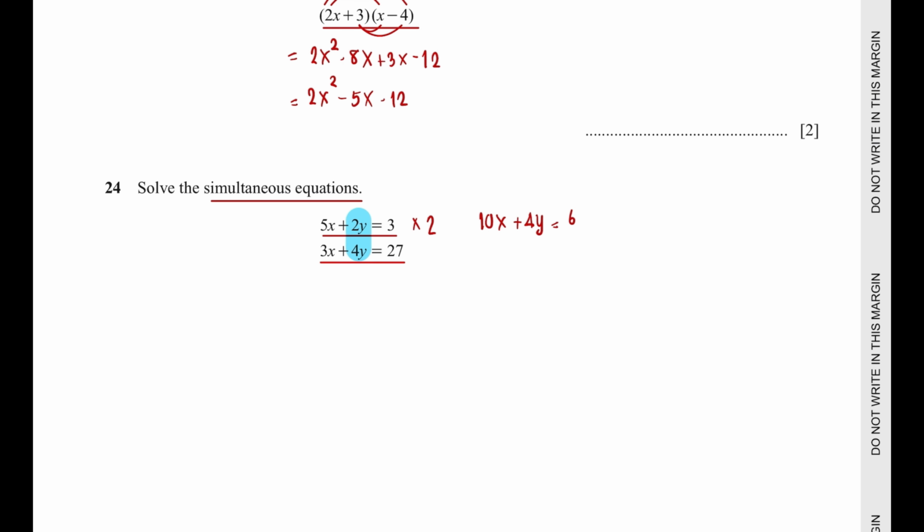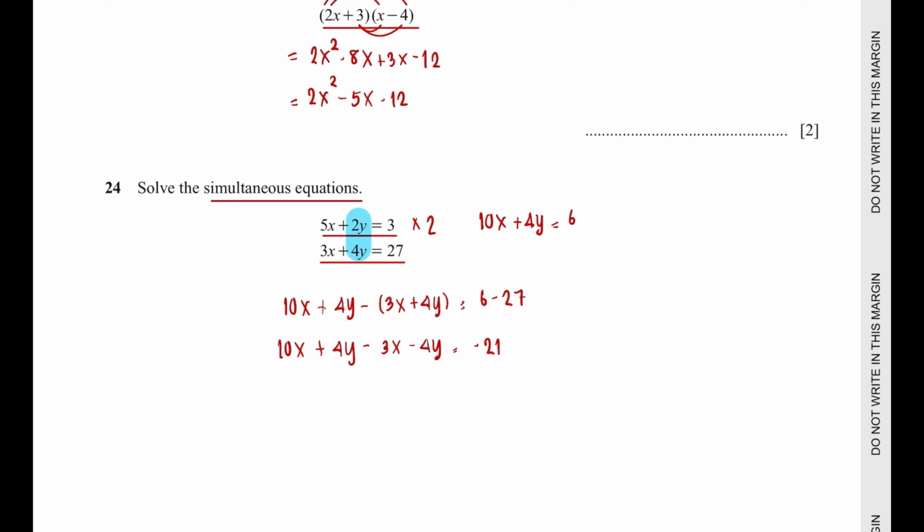And then I will subtract the two equations, so that I will get 10x plus 4y minus 3x minus 4y equals 6 minus 27, which is negative 21.